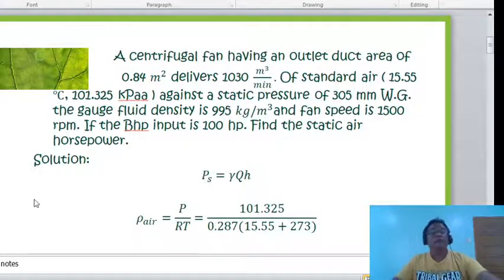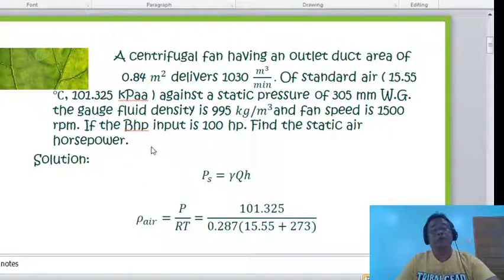Okay, so solution. PS, or the static power, is equal to gamma, the unit weight of the air, and then the discharge, of course, multiplied by the static head. Getting now the density of air, PV equals MRT, or rho equals P over RT.